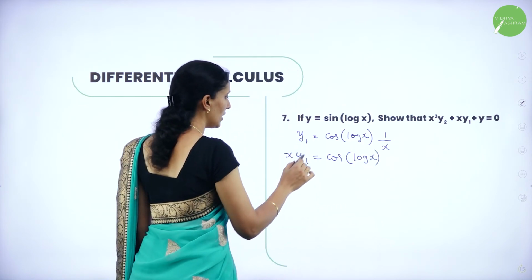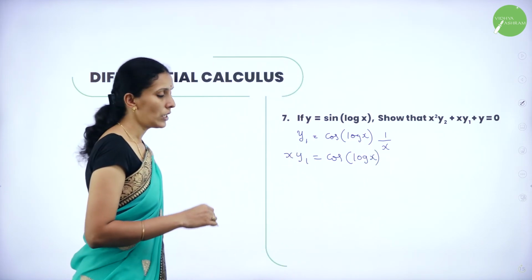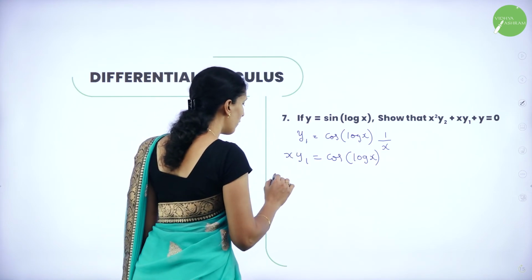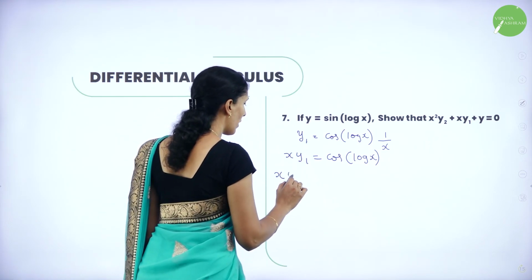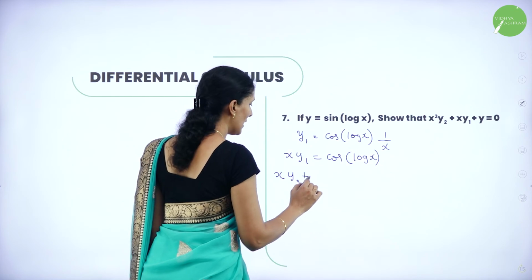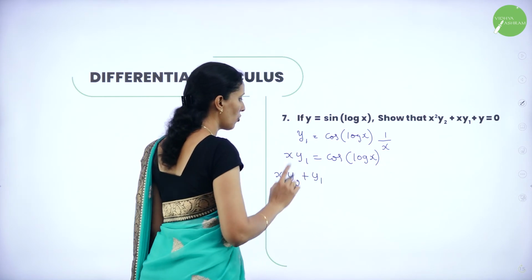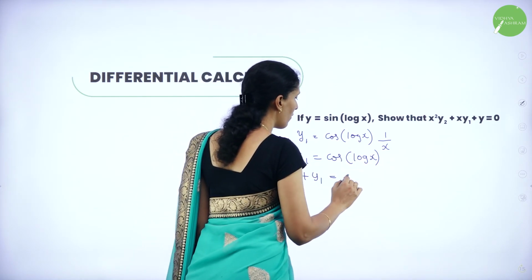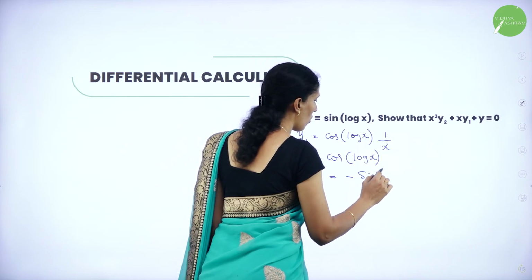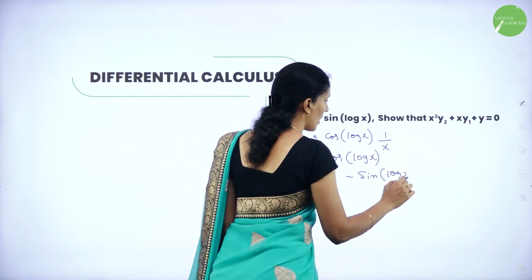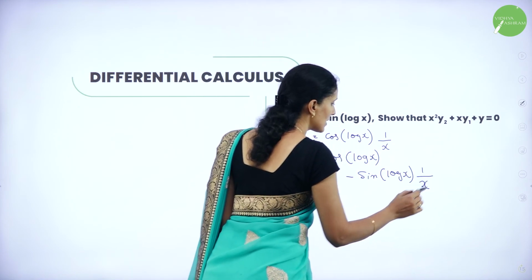Again differentiating, here you have to apply the product rule. Differentiate it again. First function, differentiation of y1 is y2, plus y1 into differentiation of x, which is 1. Derivative of cos of log x is minus sine of log x, and differentiation of log x is 1 by x.